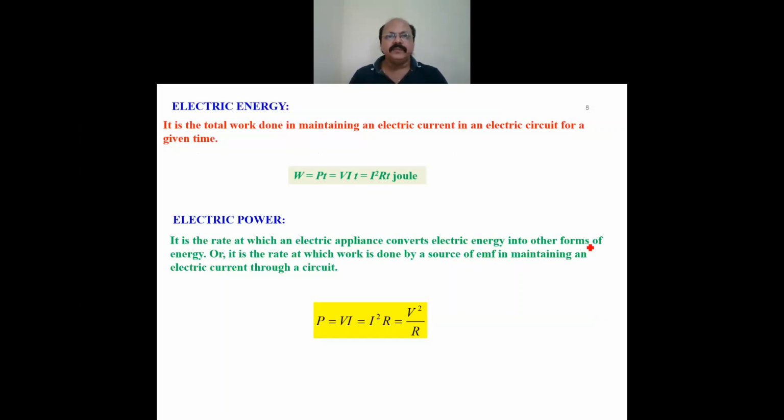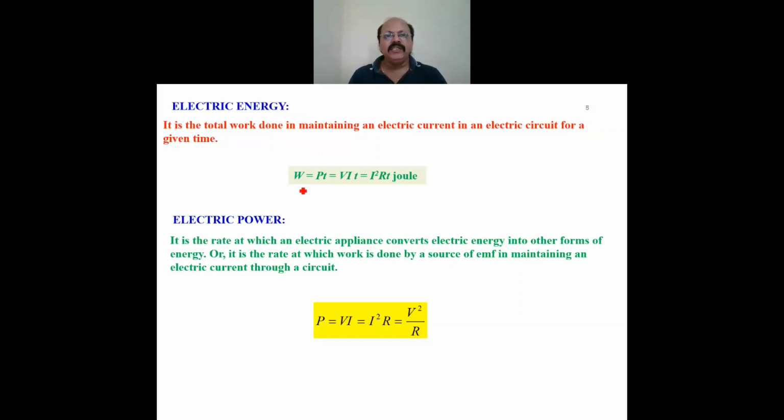Electrical energy. So what is electrical energy? What is energy? Energy is basically the capability to do work. The same way we have to define it here, but here the work is done for what purpose? For maintaining an electric current in the electric circuit in a given time. That is known as electrical energy. So how can you define it? Electrical energy can be defined as the work done in maintaining an electric current in an electric circuit for a given time.